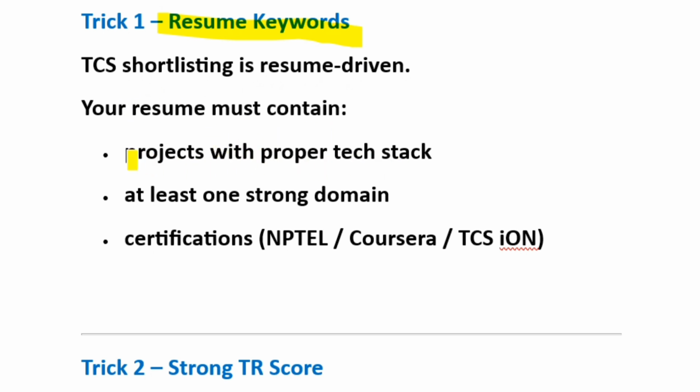If you are working on full stack projects, you should mention which programming language you have chosen and the related tech stack, and complete project keywords should be used. At least one strong domain should be included. And if you have done any certifications from NPTEL, Coursera, or TCS iON, you should mention them in your resume, so that your chances of getting selected increase.